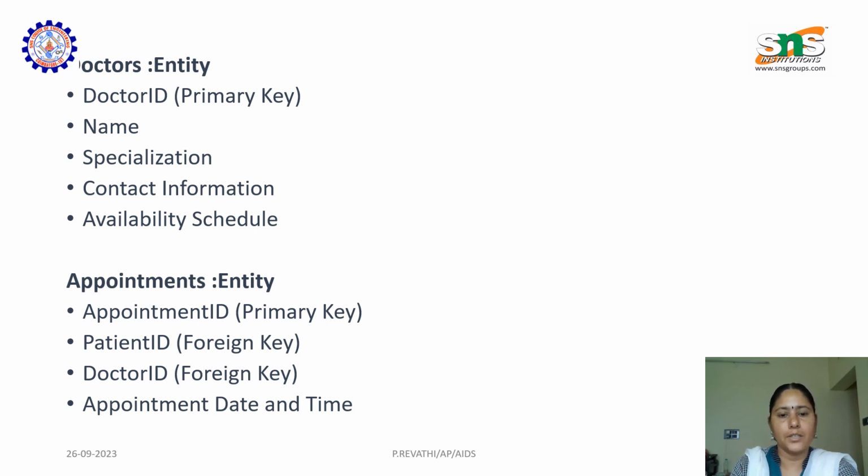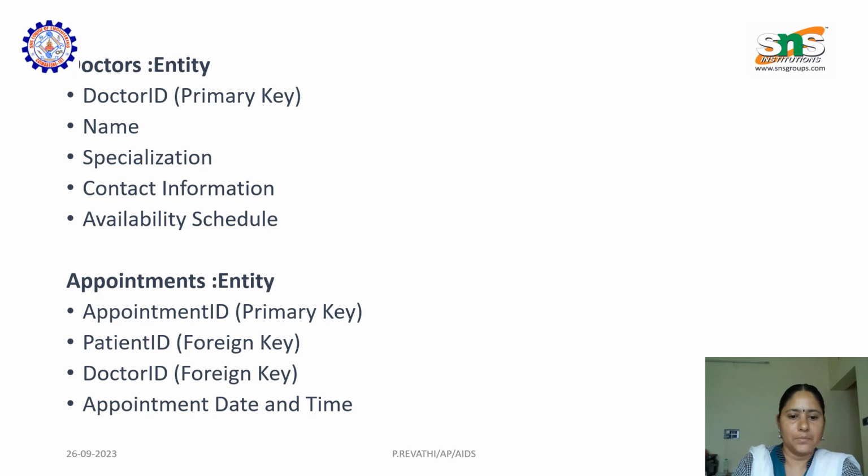Doctor is an entity. Doctor ID, name, specialization, contact information, availability schedule are attributes. Doctor ID is a primary key. In the appointment entity, appointment is a table name.